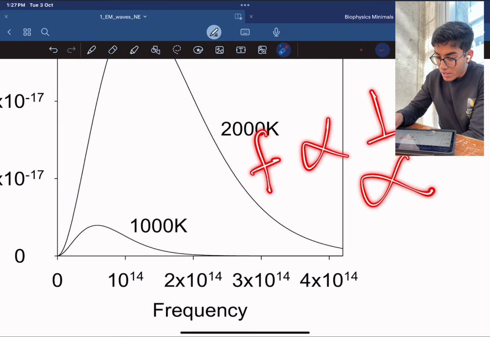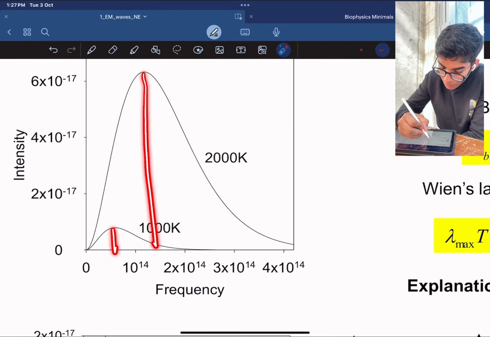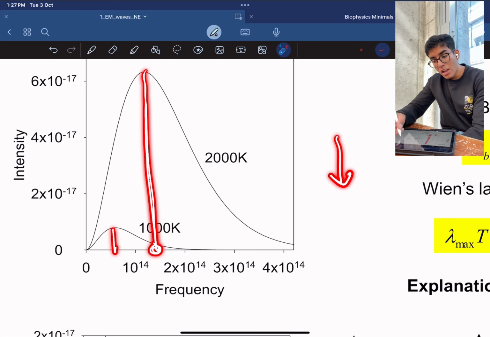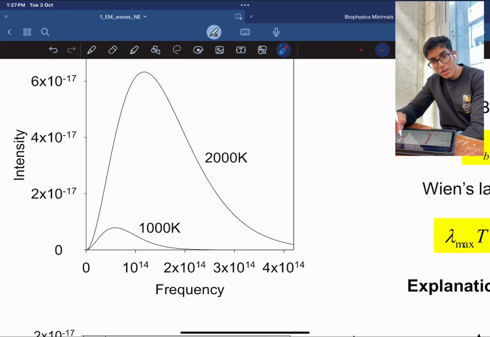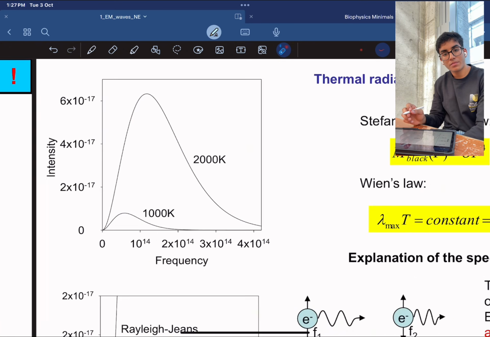Frequency is inversely proportional to wavelength. So even though over here it has a small frequency, it has a high wavelength. But at a higher temperature, you can see that the frequency peak shifts forward. So it has more frequency, which results in a lower wavelength. And you can see that the intensity is more.